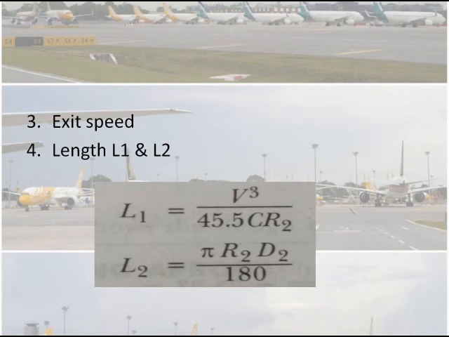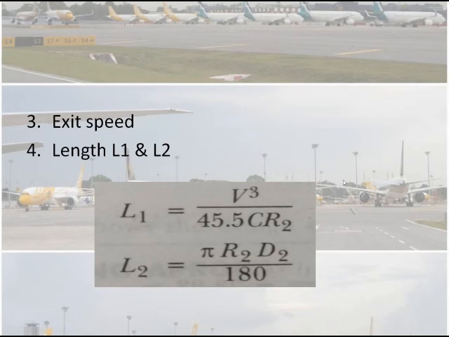It is about 3 seconds. The time required to reach exit velocity from the time the nose gear has made contact with the pavement and the brakes have been applied. The time required for the aircraft to turn off to the taxiway and clear the runway. It is about 10 seconds.